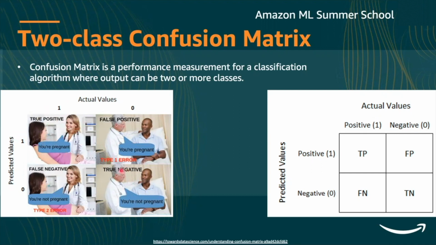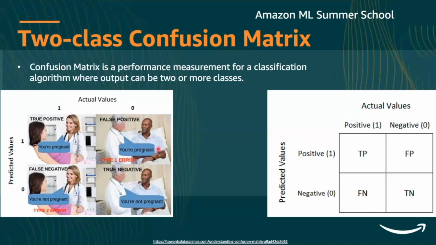Let's talk about the true negative case. If a male goes to a gynecologist and the gynecologist says that you're not pregnant, because it's unlikely for a male to get pregnant, this is a true negative, because the actual value is 0 and the predicted value is also 0. Let's say a male goes to a gynecologist and the gynecologist says, hey, you're pregnant.